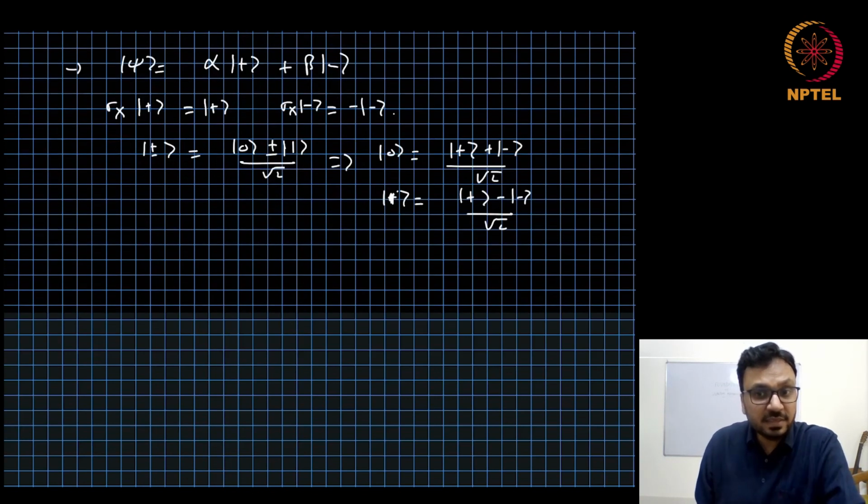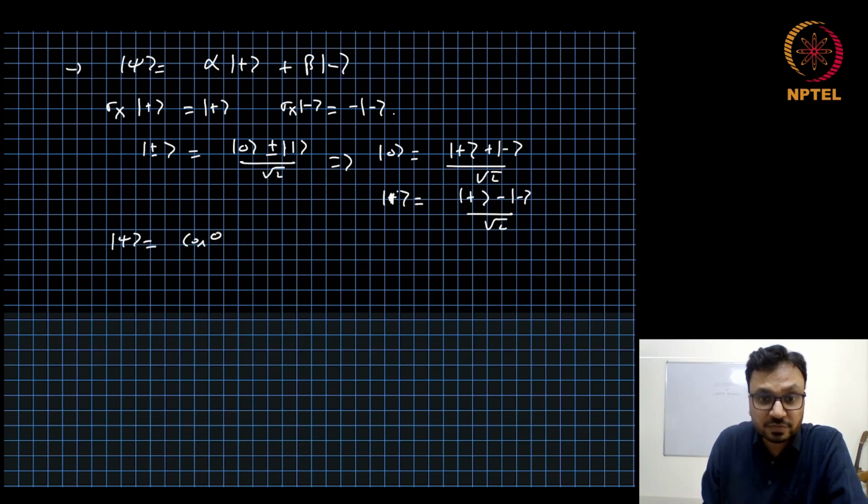So we can do this, and substitute it back in the earlier equation. Cos of theta over 2, we have 0, we write it as (plus plus minus) over root 2, plus exponential of i phi sine of theta over 2, (plus minus minus) over root 2.